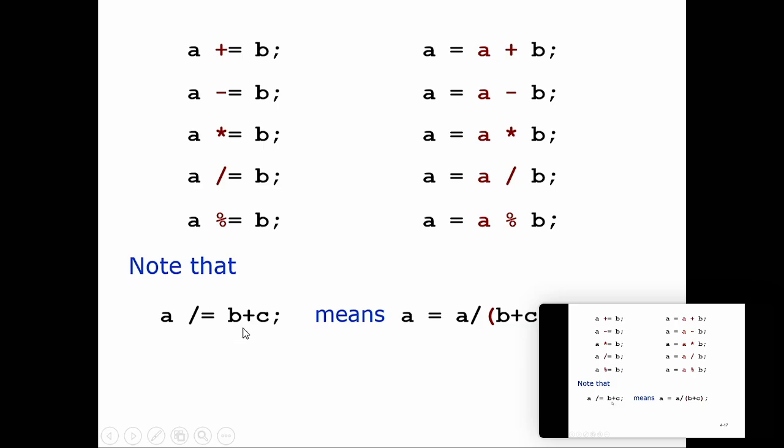And then you can assume that there is parenthesis, which means you're going to complete these operations on the right-hand side. And then after that, you will have a certain operation, in this case, division. If you have A percent equal B plus C, it is A percent, parenthesis, B plus C.